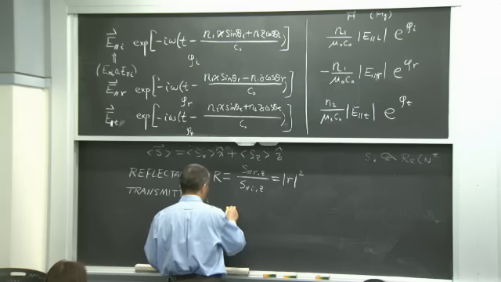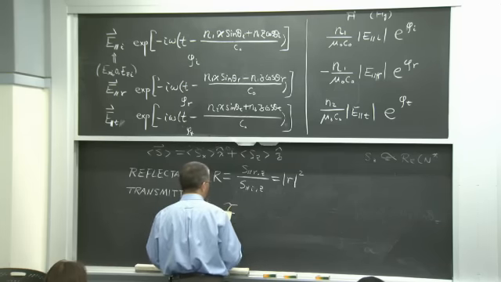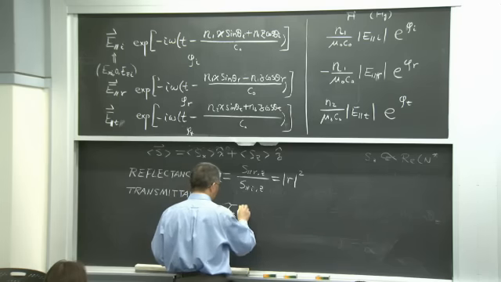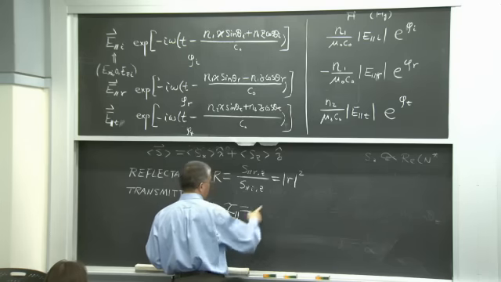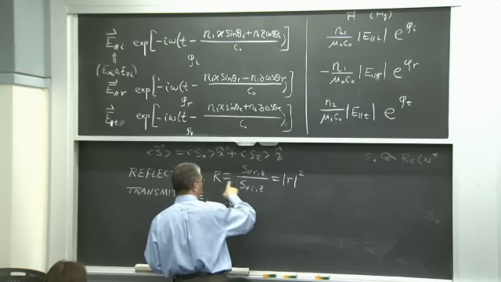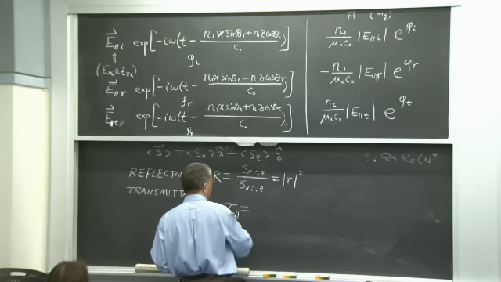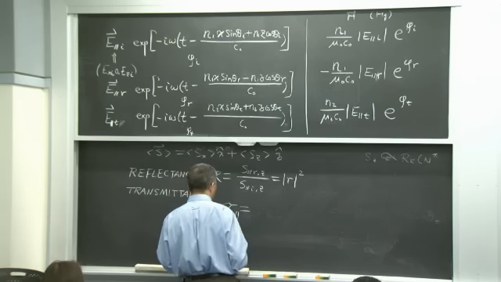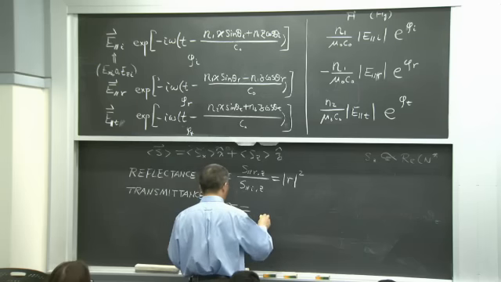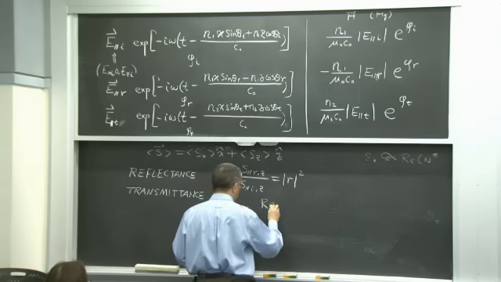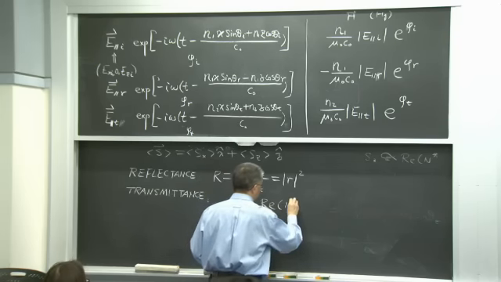So transmittance, tau. This doesn't matter whether it's a parallel or perpendicular wave. But here, for transmittance, I have to be careful because the Poynting vector is going from one side to the other.